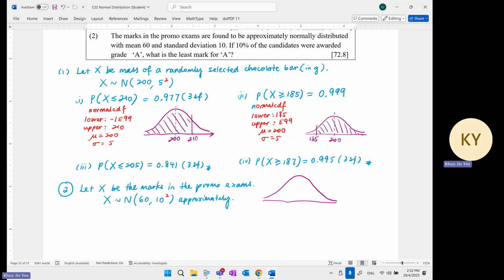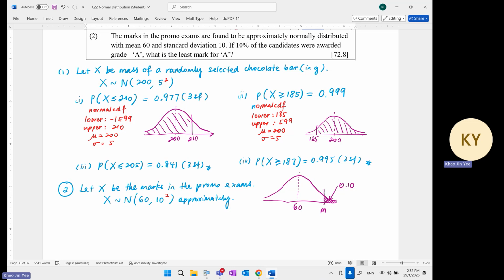On the right, so on the right, 10% would be a very small area over here. So this area here is going to house 10% of the people, and they're asking for what is this mark over here? What is M? Your mean over here is 60, so definitely if your answer is less than 60, something is wrong.